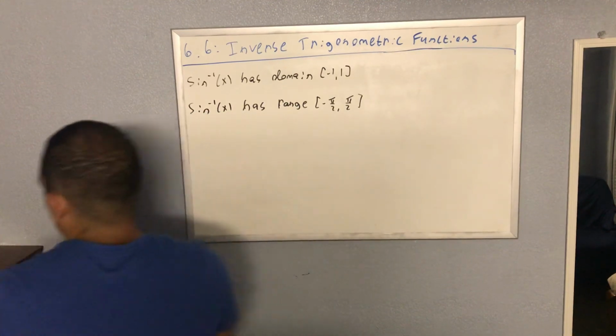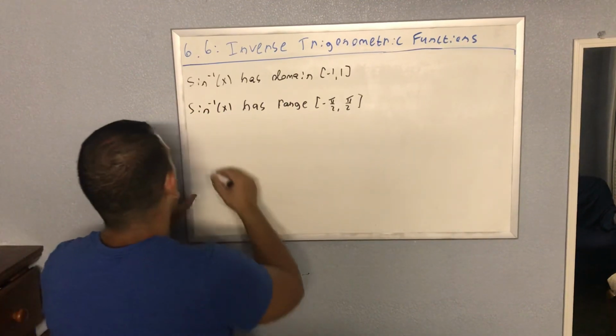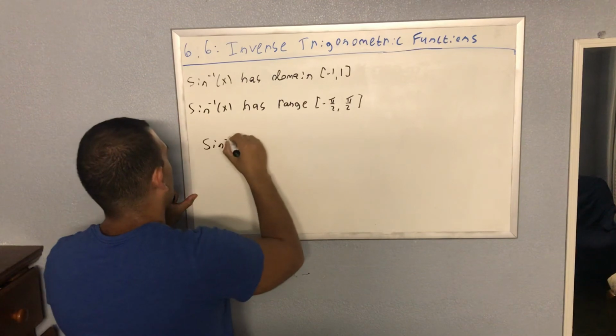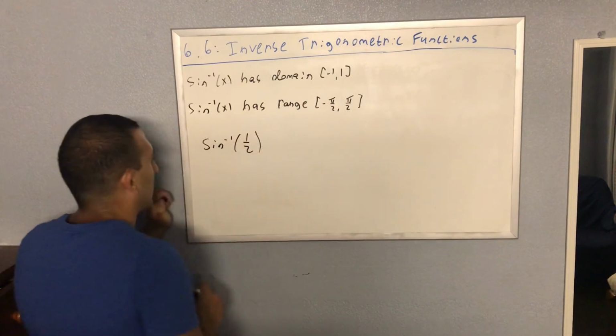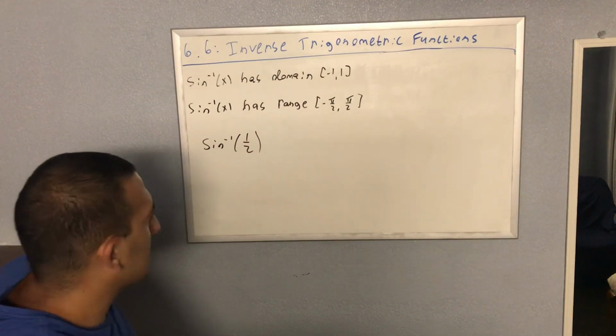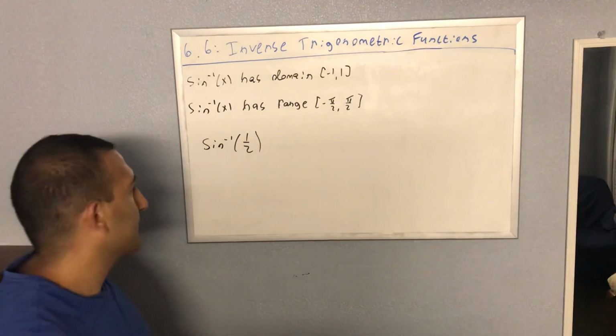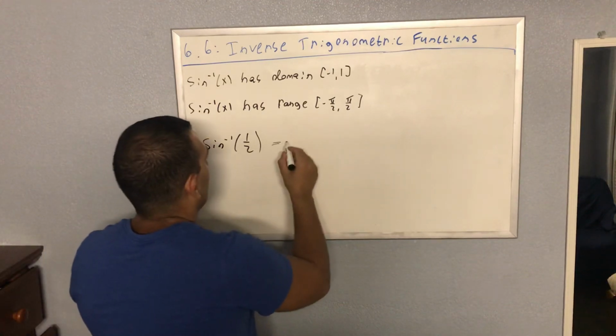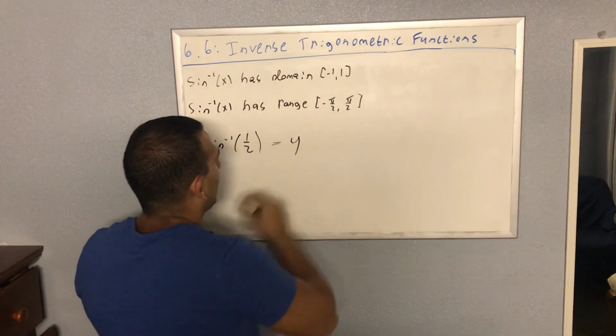Okay, so say you want to find sine inverse of 1/2. And we're going to do this the same way that we did with the log function. So that equals some number y, right?